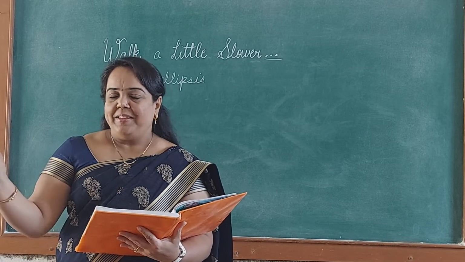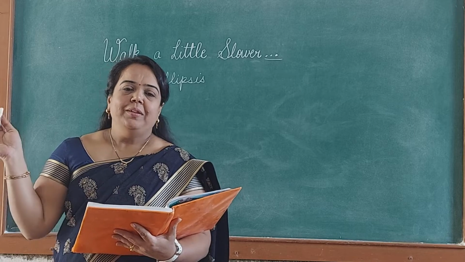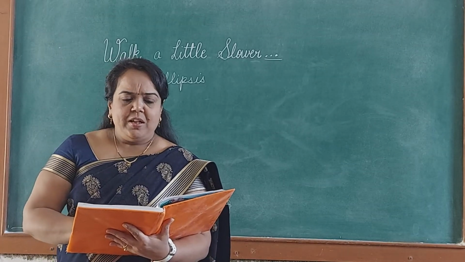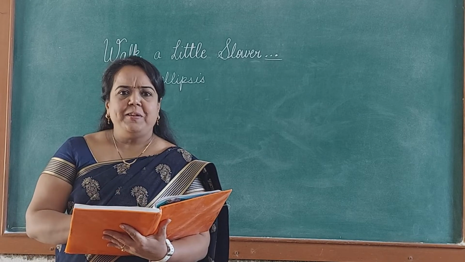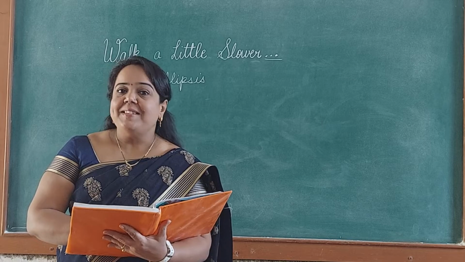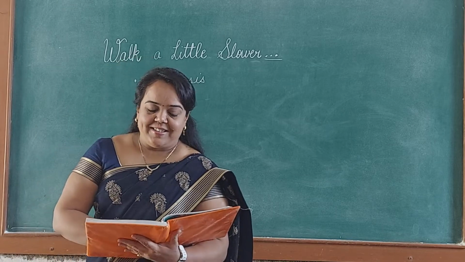So when you omit, when you don't continue, that time you use this punctuation mark, ellipsis. So we will see why he has not completed it, why he has used ellipsis in the title itself.